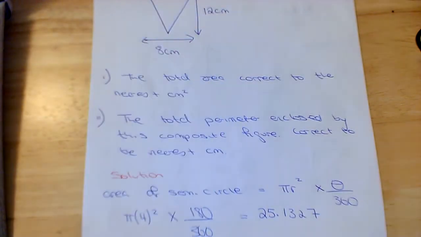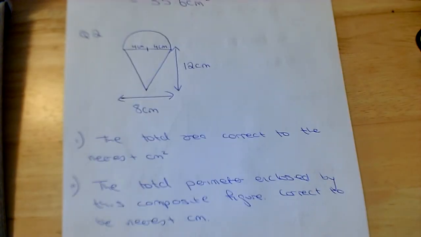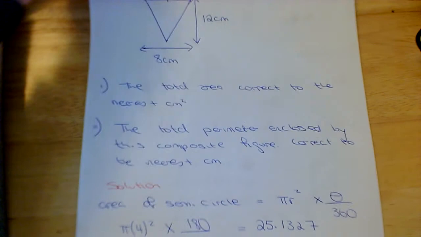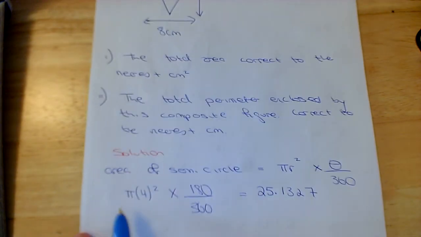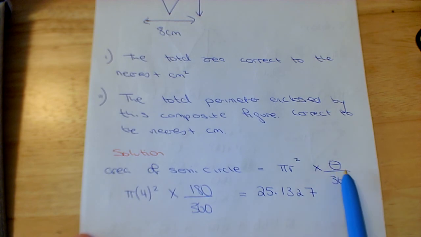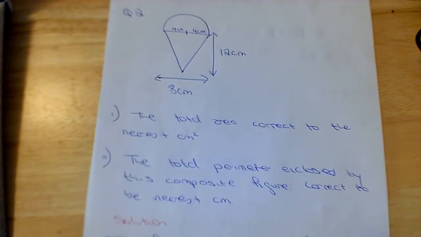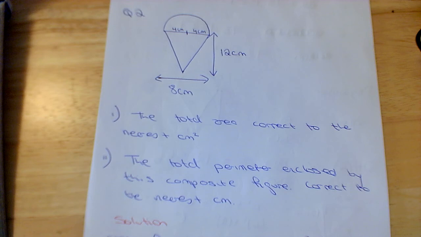Right, so the first thing I'm going to do is get the area of my semicircle. The area of a semicircle is a sector, so I need to know my angle and my radius. The area is going to be equal to pi r squared multiplied by theta over 360. My radius in this case is just going to be 4 centimeters.